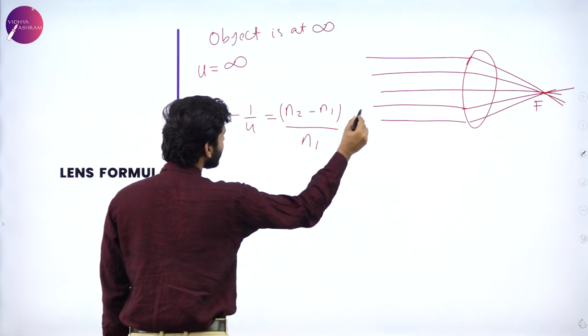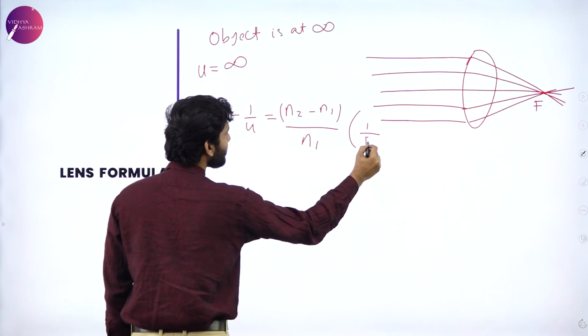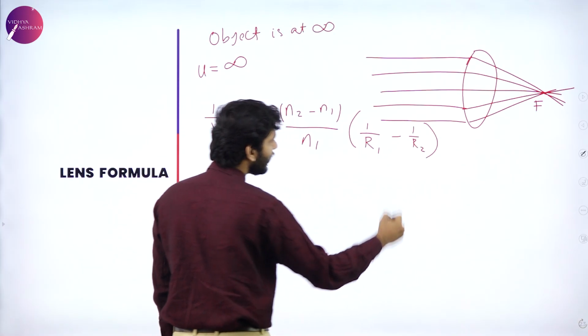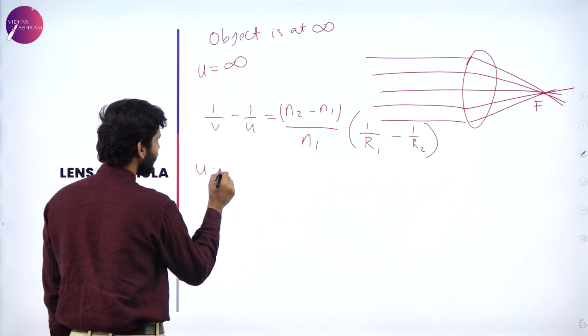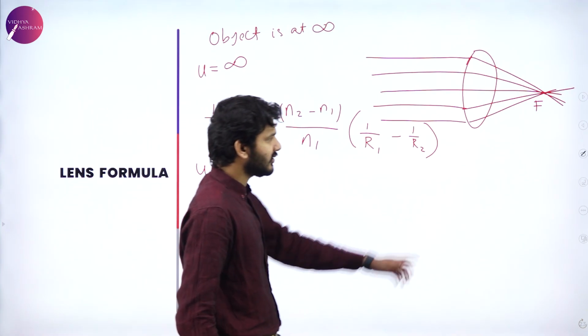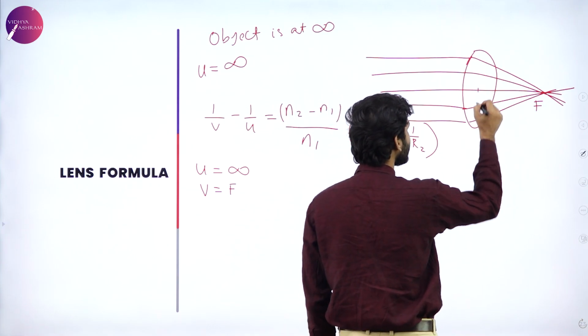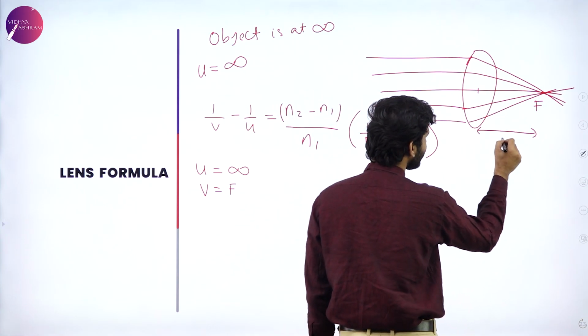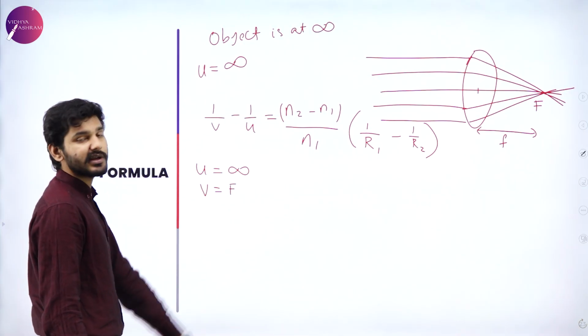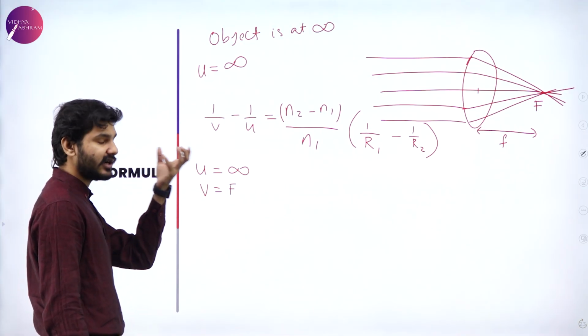So the equation, that is 1 by V minus 1 by U is equal to (N2 minus N1) divided by N1 into (1 by R1 minus 1 by R2), will now become, where U becomes infinity and V becomes the focal length, right? The focal length, that is the length from the center to that particular point where the rays are being focused.